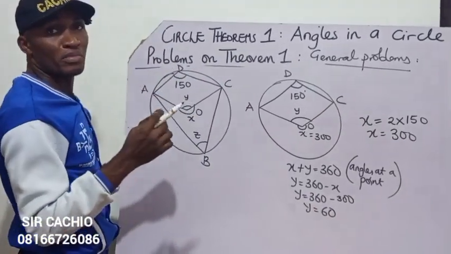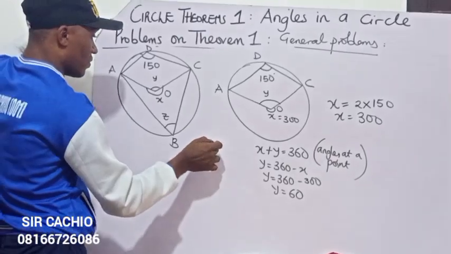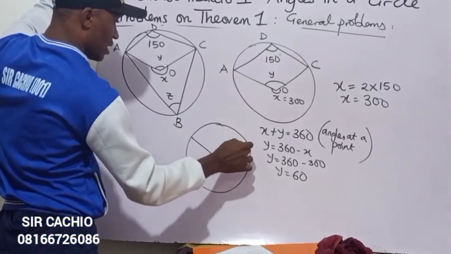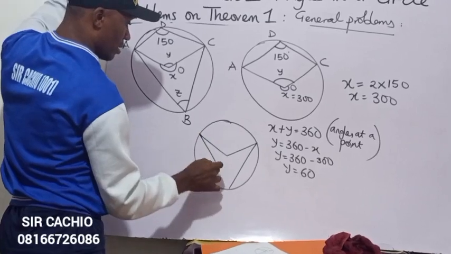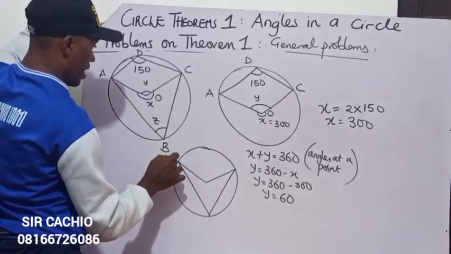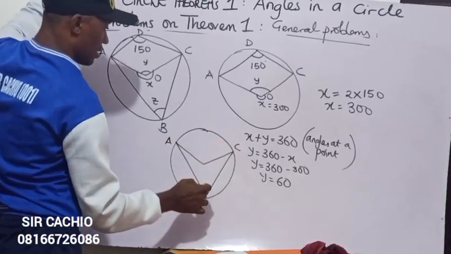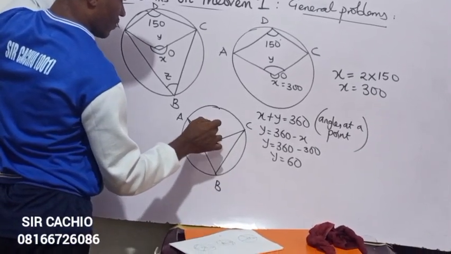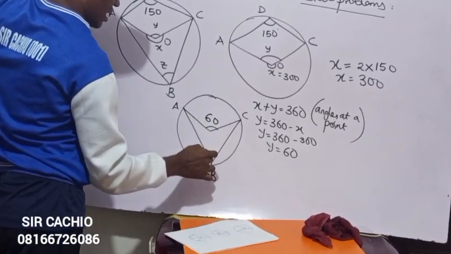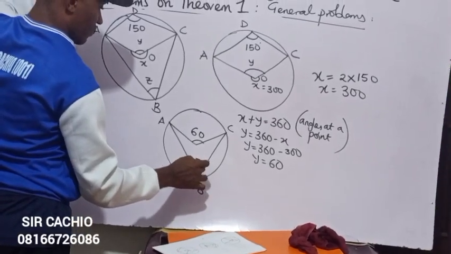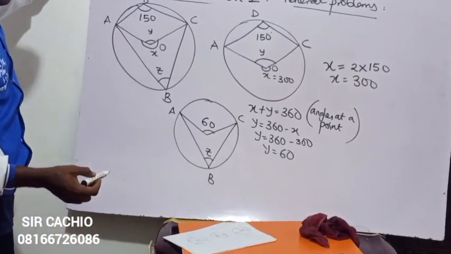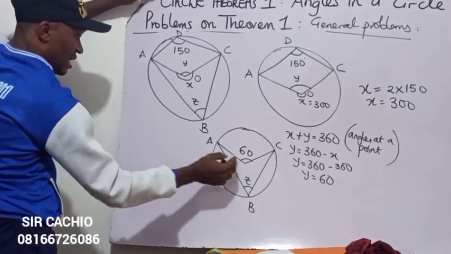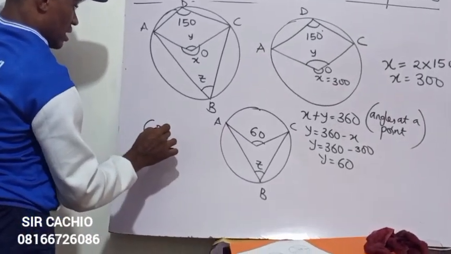Now, you employ your imagination again, and in the same circle, we'll have something like this. If you can see A, C, B. Here we have 60 degrees, and here we have z. So from here, our center angle is 60 degrees.